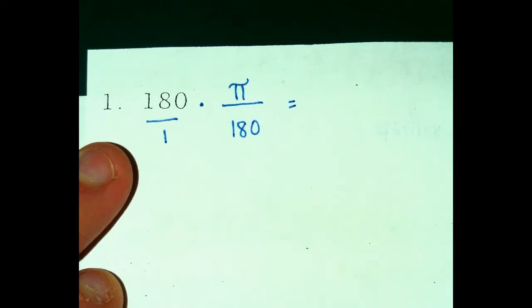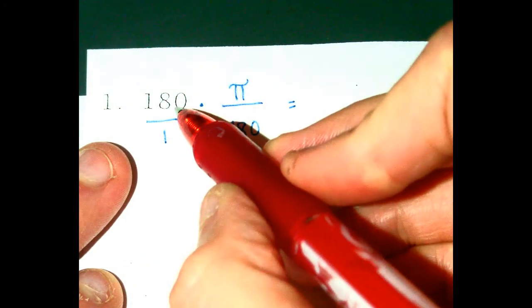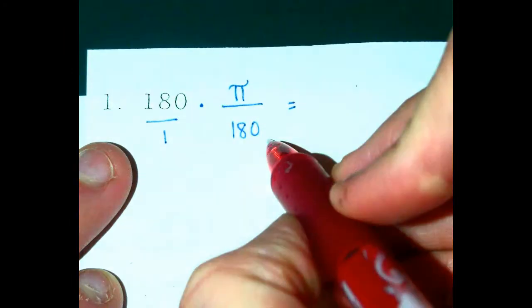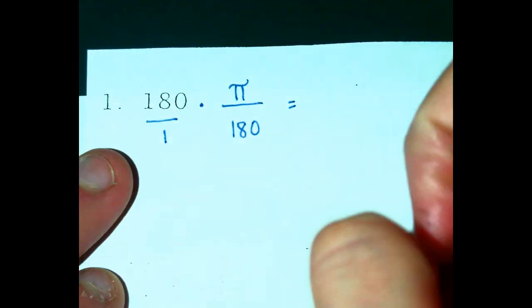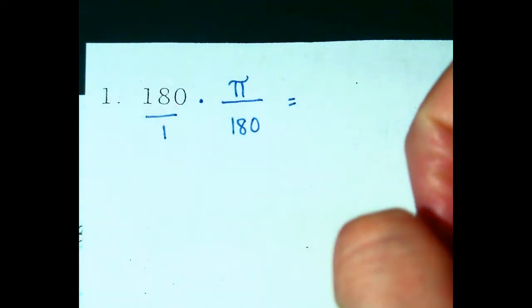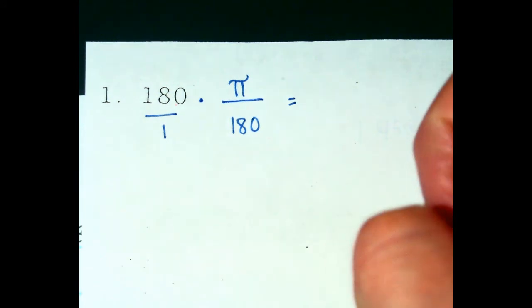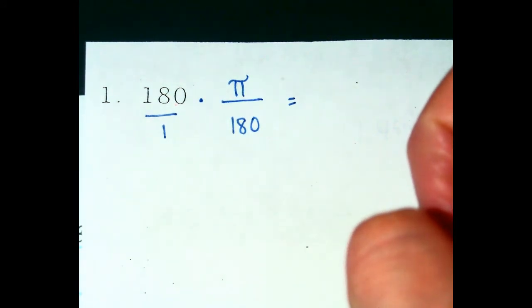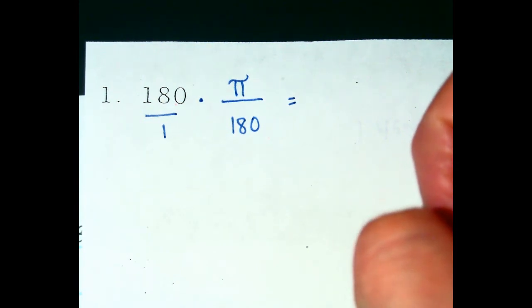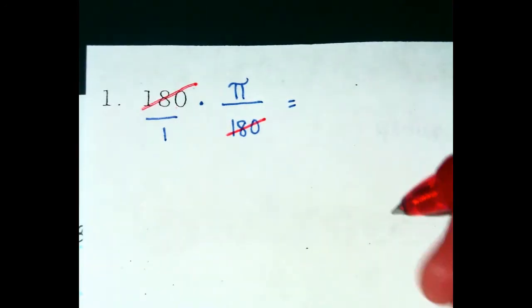When you are multiplying, if you have the same number up top as you do below, what happens with those two? Okay, now, you're used to hearing the word they cancel, and you hear that a lot. And they do go away, but it's not that they're actually canceling. It's that they're dividing. What's 180 divided by 180? 1, which 1 times anything is itself.